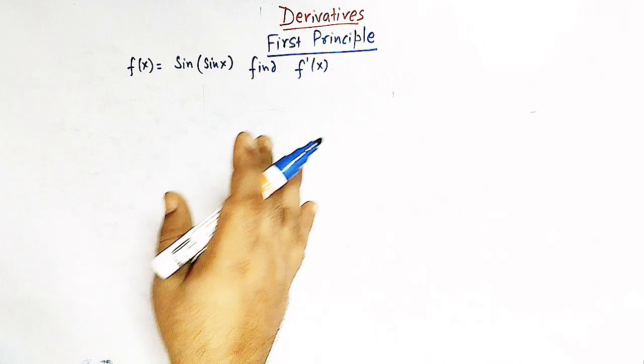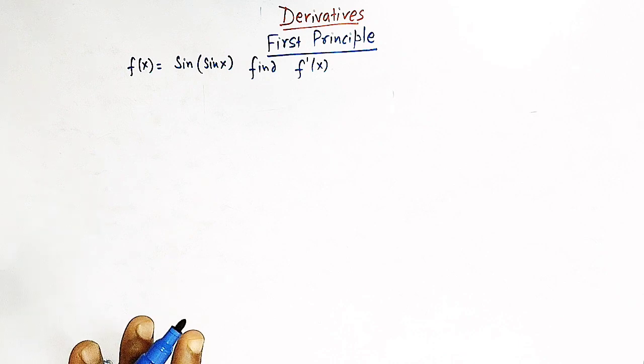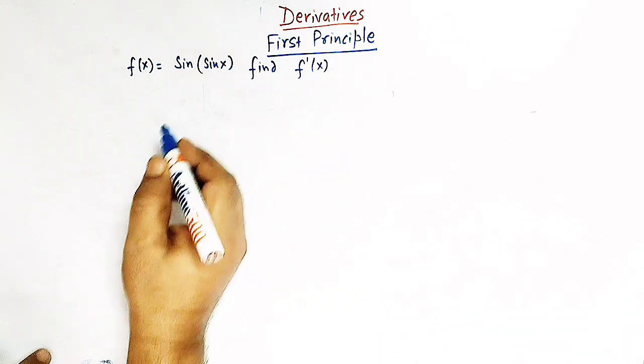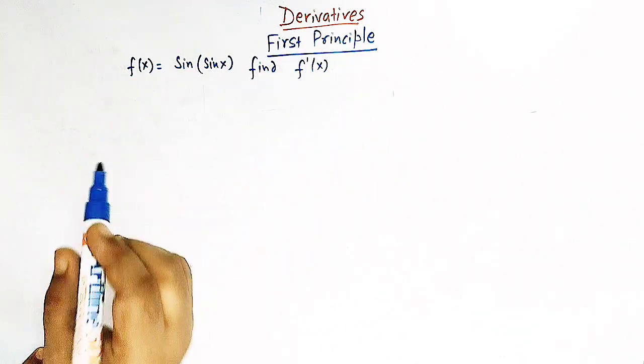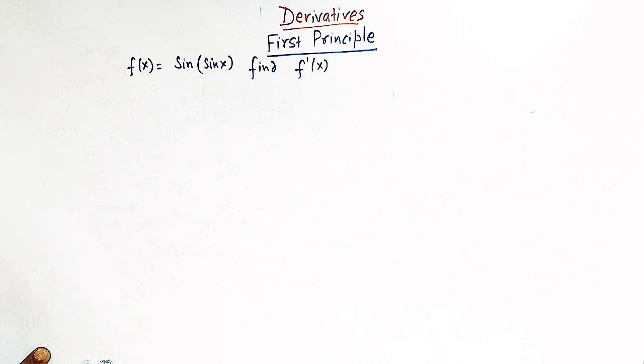Now see, we have already discussed a lot of problems related to finding out the derivatives of functions from first principle. To use this first principle, we start with the definition of derivative of a function.